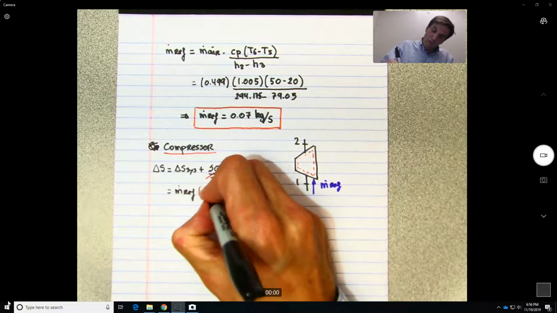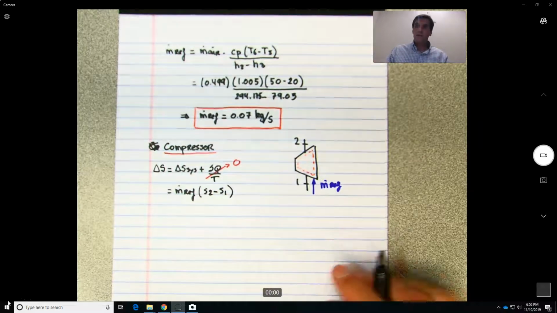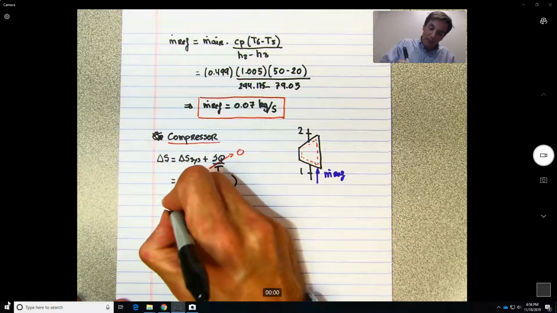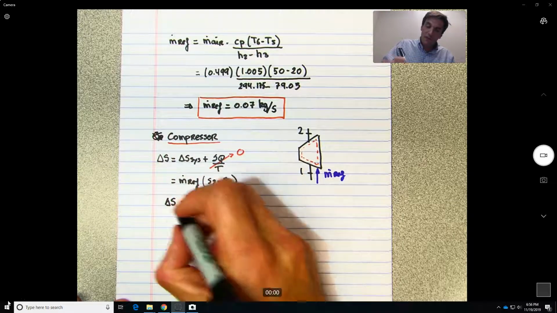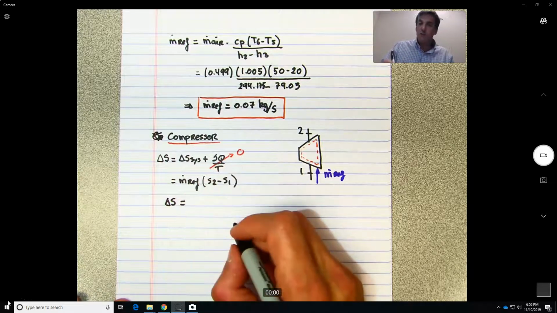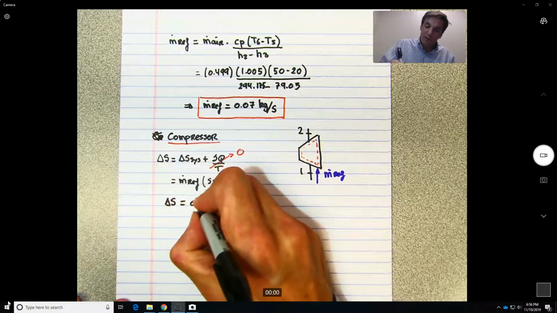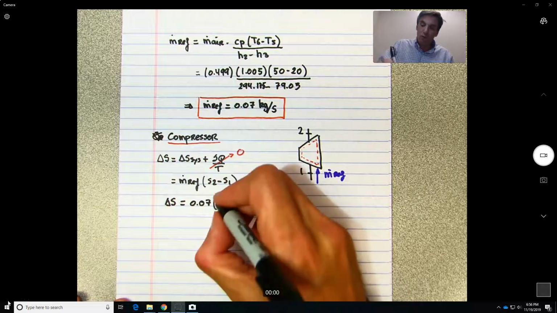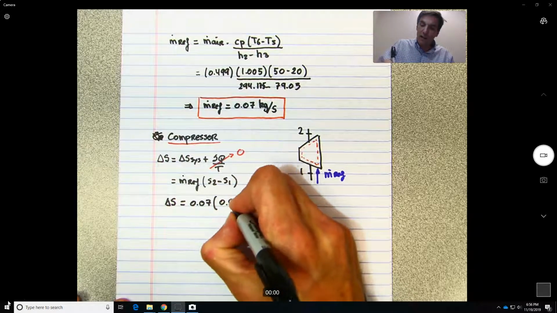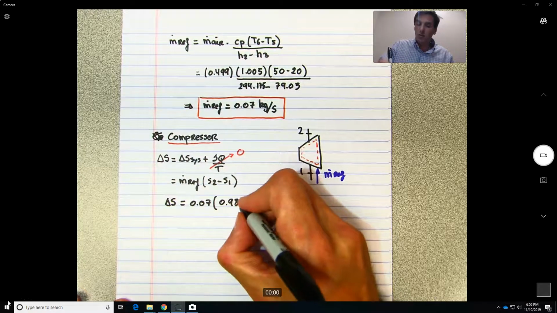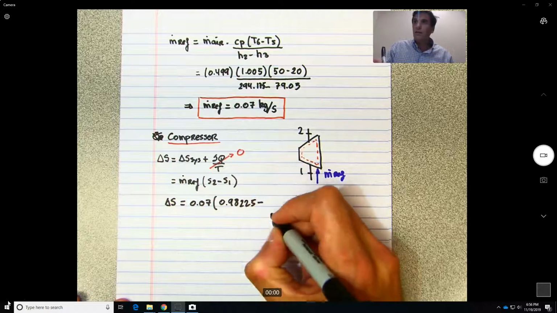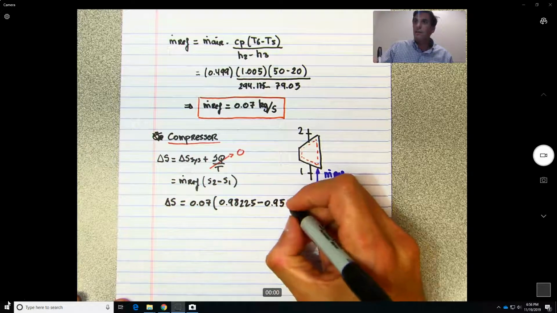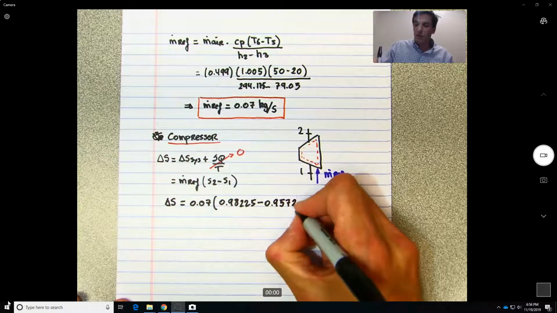S2 minus S1. So we do this calculation, where do you get? Delta S for the compressor will be equal to mass flow of the refrigerant, which is 0.07, times S2, which we find out to be 0.98225, minus 0.9572.